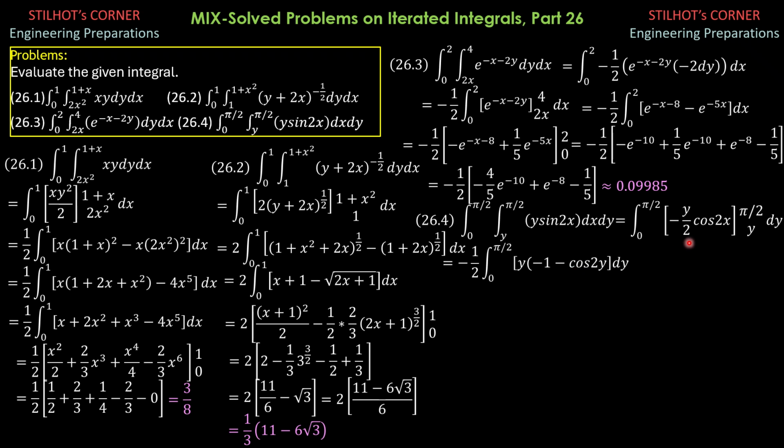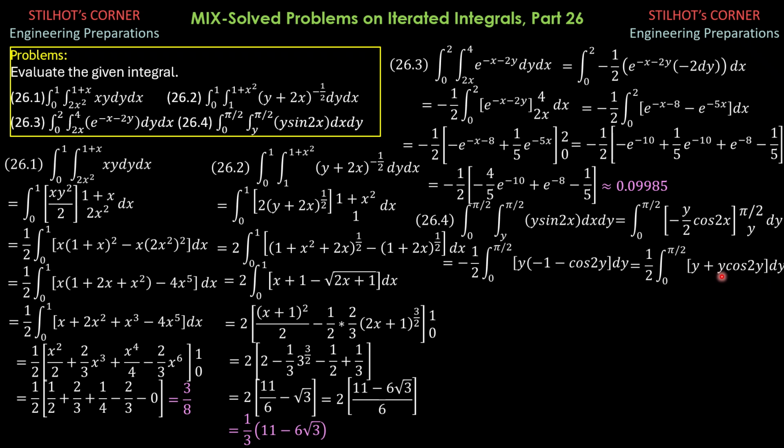Then minus cosine of 2 times y is cosine of 2y, then dy. Distribute that, let's make this positive. So that's 1/2 integral of y plus y cosine of 2y dy.